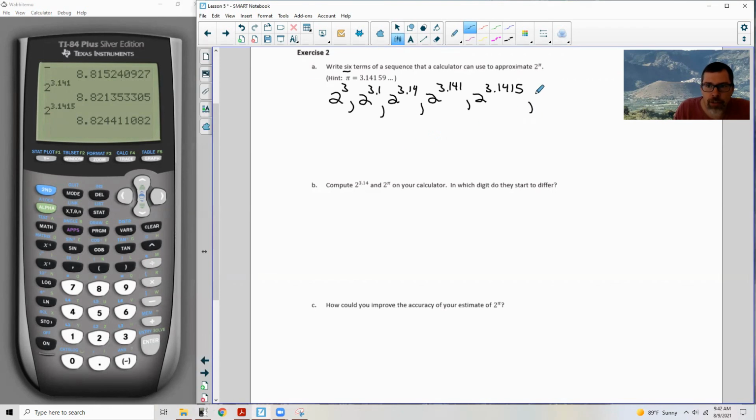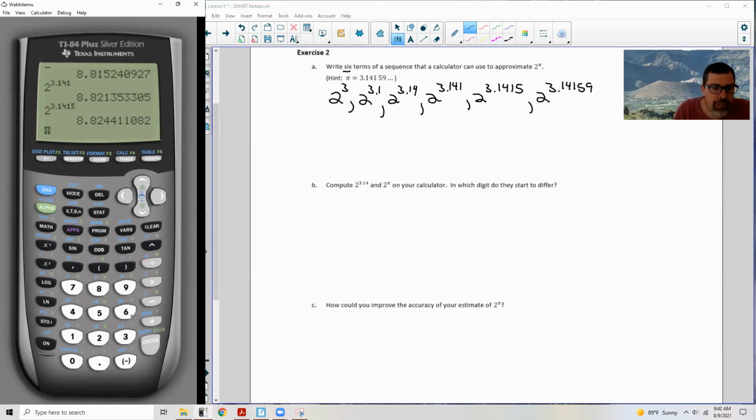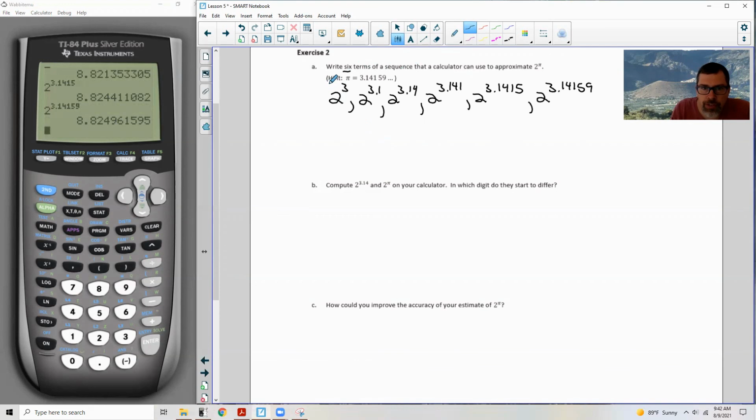And finally, the sixth one would be 2 to the 3.14159. So I'm just going to do second entry and add the 9. I guess that's easier than typing it all in. And that 4 in the fourth place became a 9. Okay. So write 6 terms of a sequence. So this would be a sequence, a set of values that are going to continue to infinity, and then close the set. So there is part A.